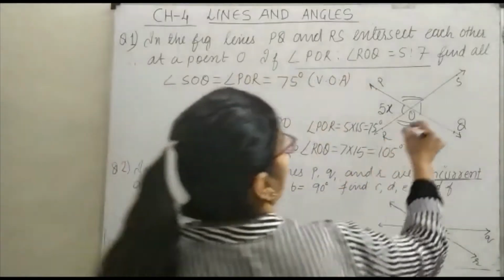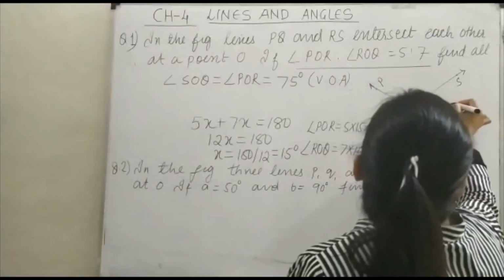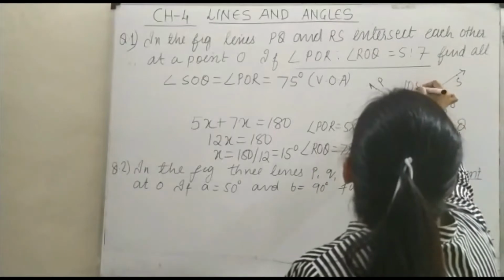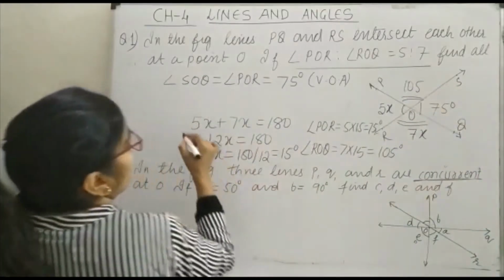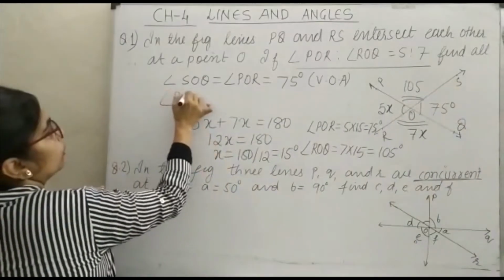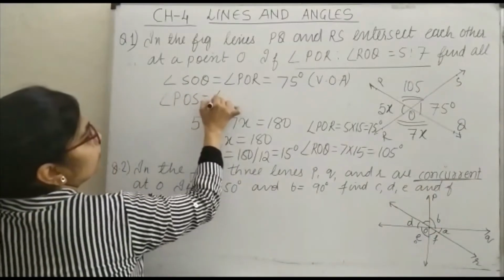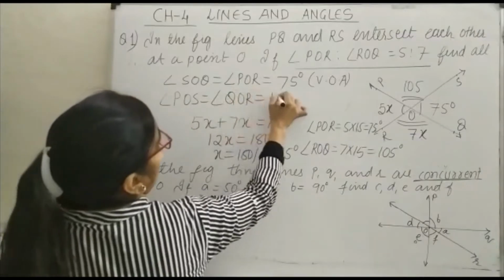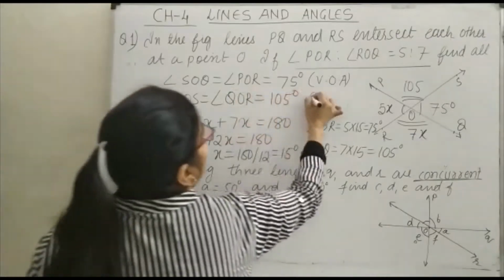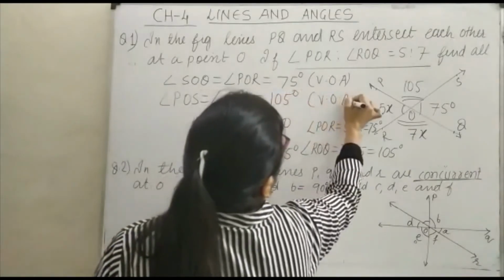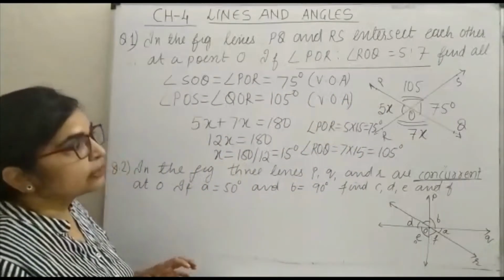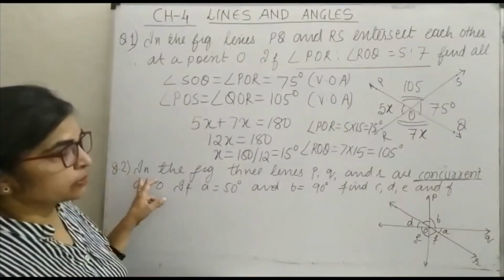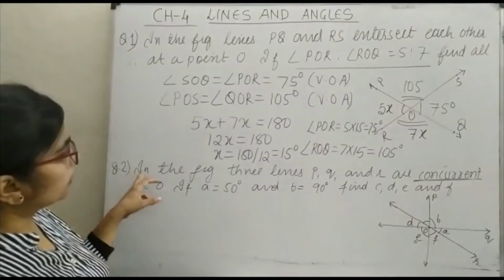So here this angle will be equal to 75. Similarly, this will be 105. So you can write here angle POS is equal to angle QOR is equal to 105, and this is here vertically opposite angle. Okay.